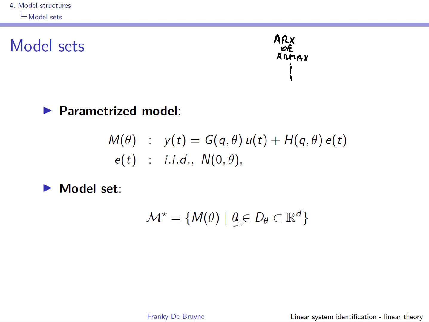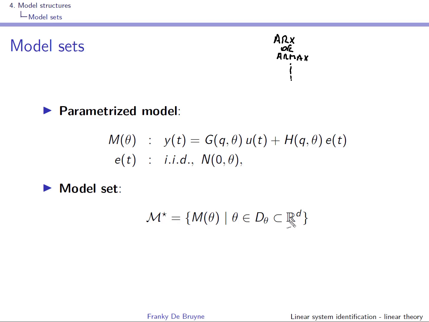For our purposes, we can say that theta is in R^d, so there are d parameters, but what this means is that, for instance, you could impose additional restrictions on the parameter theta. So you could say, for instance, that one theta is positive or the other one negative, or it could be living in a certain interval. For our purposes, we'll simply say that theta is in R^d and that there are d parameters.